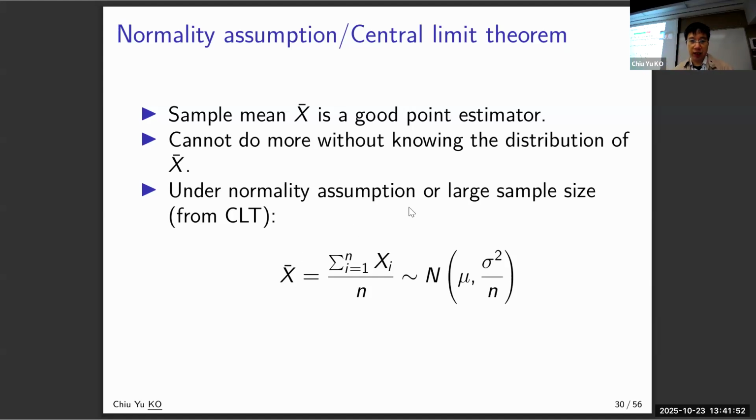So just to remind you of the sample mean, right? Either you assume the underlying is bell or this is the bell curve, okay? So the bell curve has mean mu, variance sigma square over n. So this is something we have here.